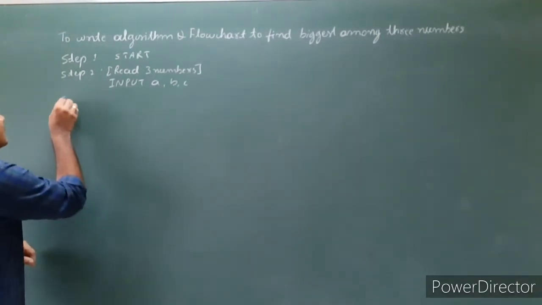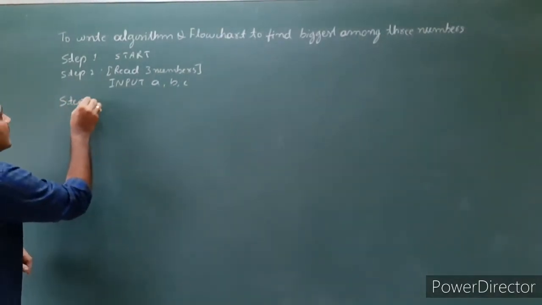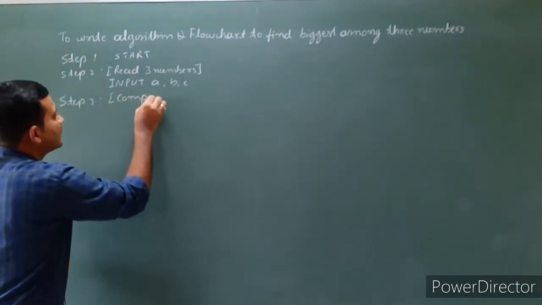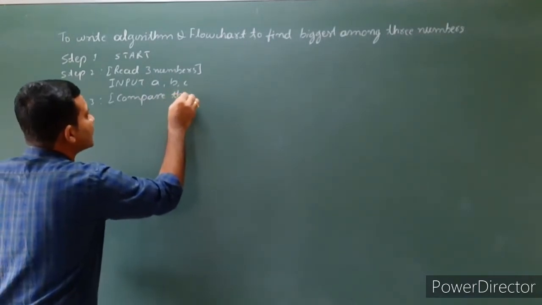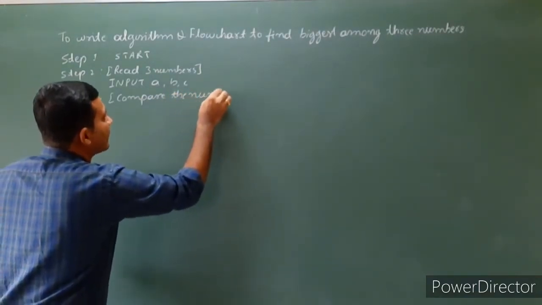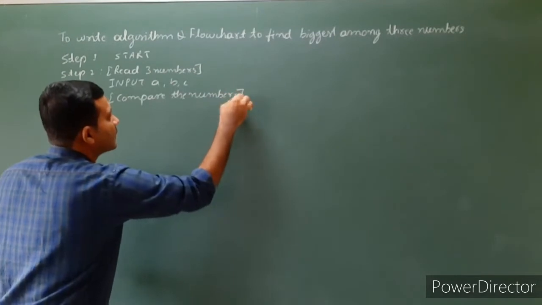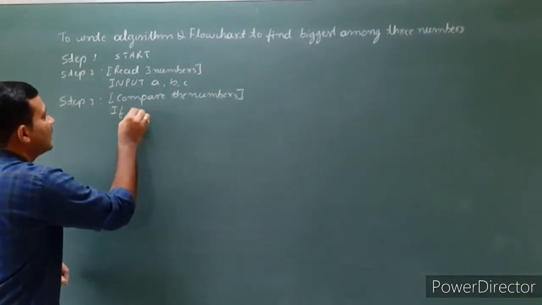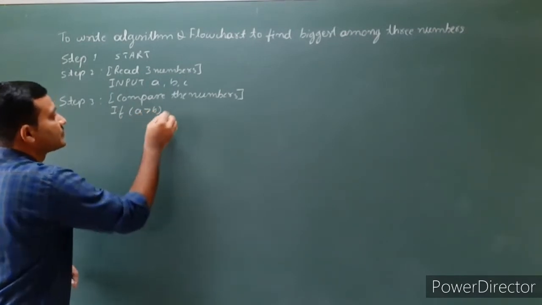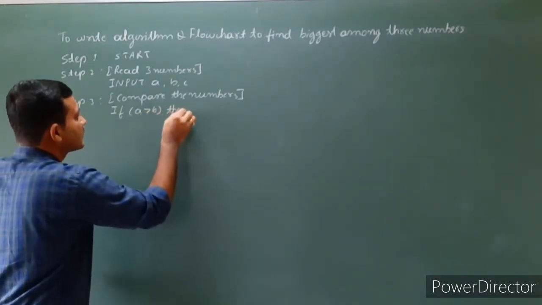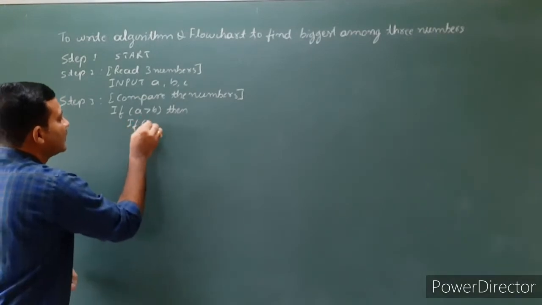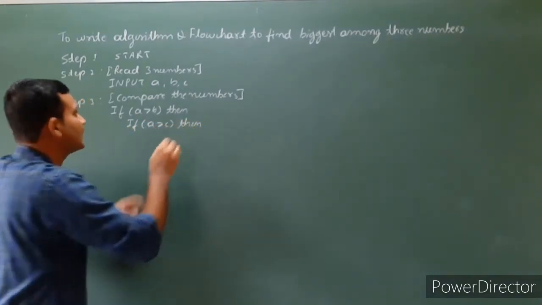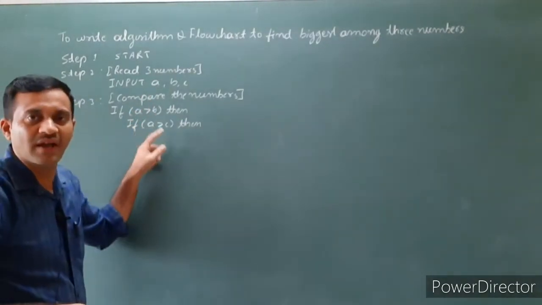After that we have to compare. Step 3, compare the numbers. How to compare? If A is greater than B, then if A is greater than C, so we compare the first number with the second number and the third number.